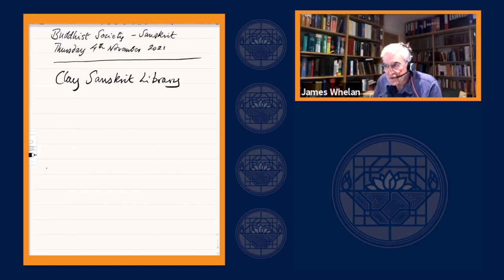You find those with deep level annotations and full word by word explanation. But for the Buddhist texts, apart from the little things that I'm doing, the best I found is in the Clay Sanskrit Library.